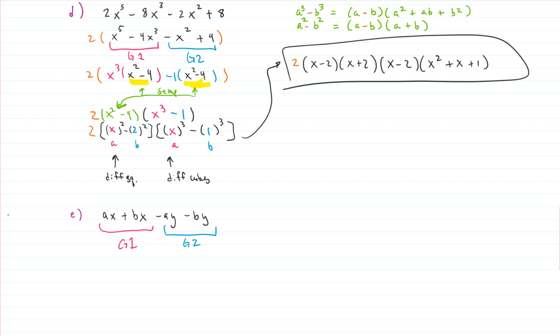All right, so group 1, we can pull out the x. So let's do that. What's left over? a plus b. And in group 2, let's pull out a negative y. And we have a plus b. That works. It's exactly what we want, right?